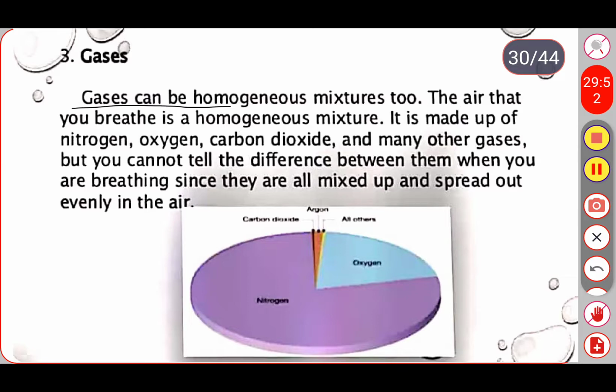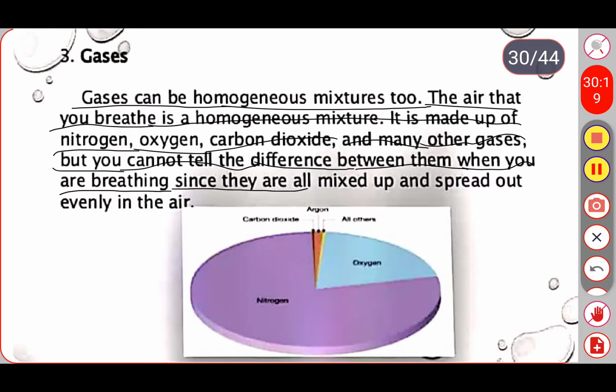The air that you breathe is a homogeneous mixture made up of nitrogen, oxygen, carbon dioxide and other gases, but you cannot tell the difference between them when you are breathing, since they are mixed up and spread out evenly in the air. So air is one type of gaseous homogeneous mixture.